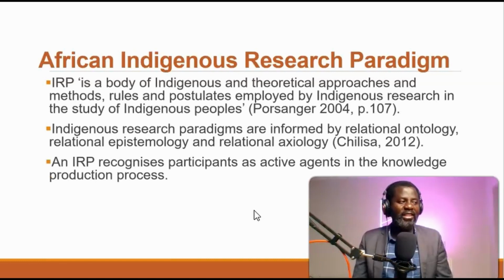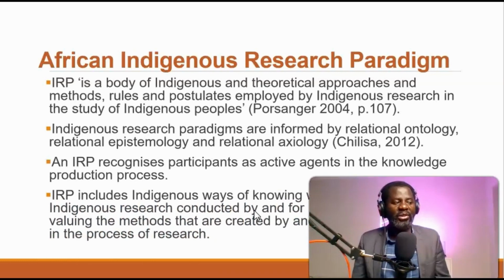An indigenous research paradigm recognizes participants as active agents in the knowledge production process. It includes indigenous ways of knowing with the aim of valuing indigenous research conducted by and for the indigenous communities, valuing the methods that are created by and for indigenous people in the process of research.